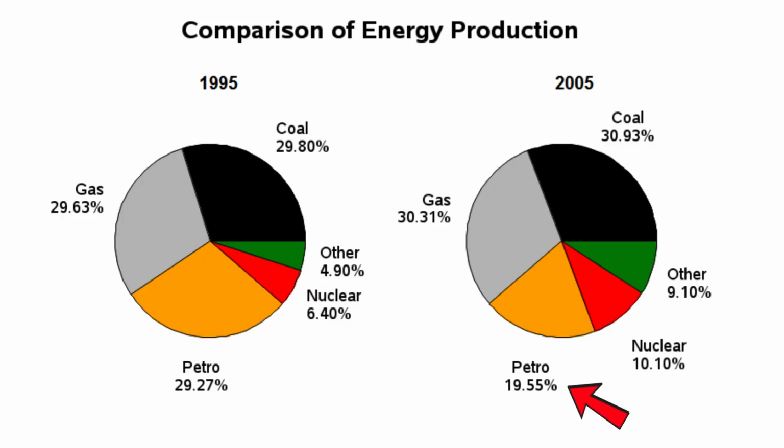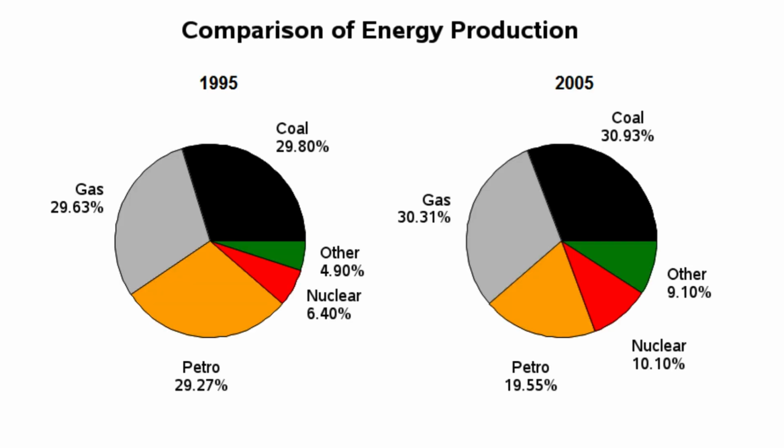Petrol, however, took a hit over time, dropping by nearly 10%. What's interesting is the growth of nuclear and other sources, both nearly doubling in share, suggesting a shift toward alternative energy. While coal and gas edged up slightly, the real transformation came from the diversification of energy production in 2005.